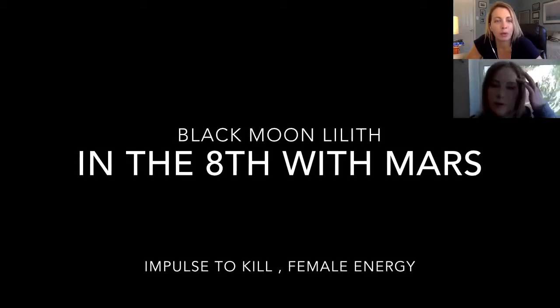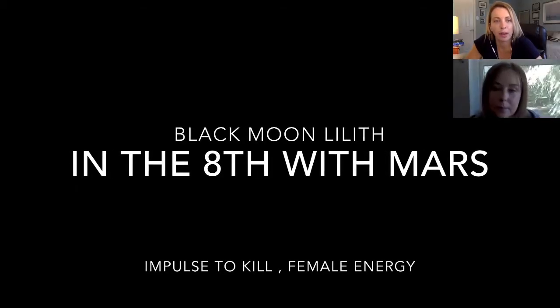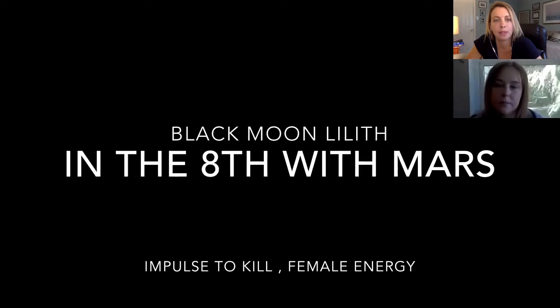Whenever I see Black Moon Lilith, I've studied that quite a bit, and it always seems to be a knee-jerk reaction, and with a knife, or with the weapon, which would be Mars there. And what was left behind, I always look to the South Node.